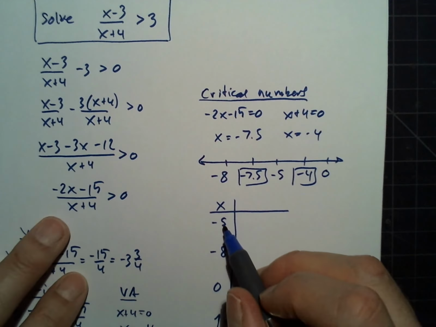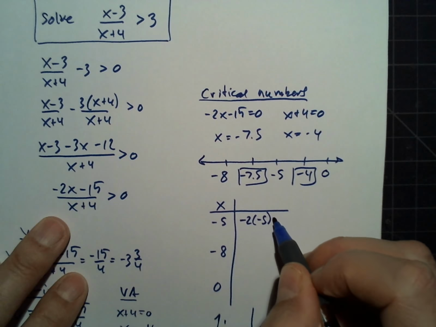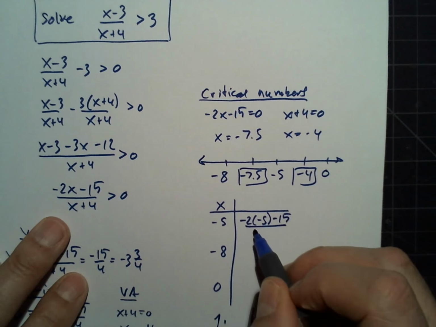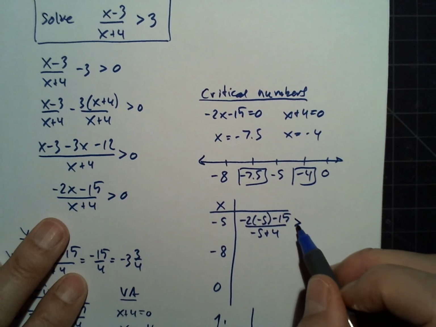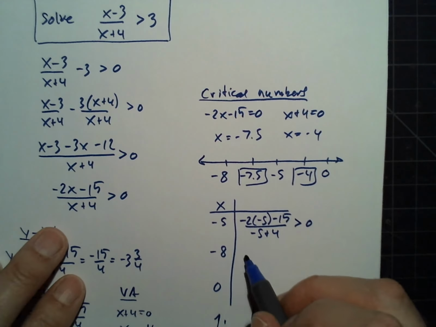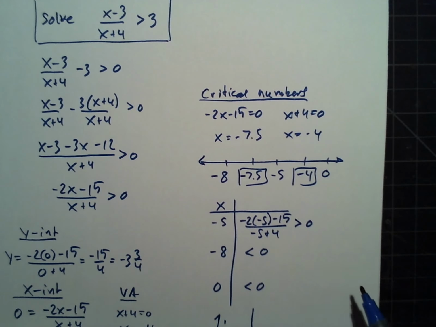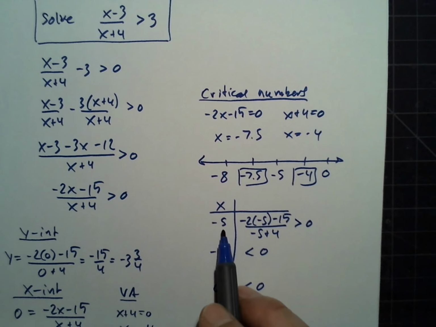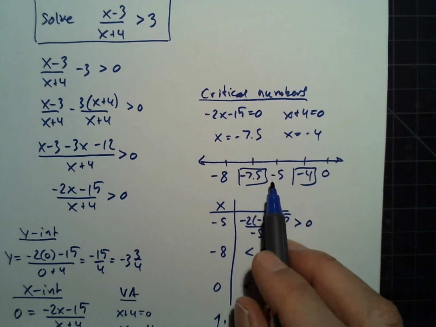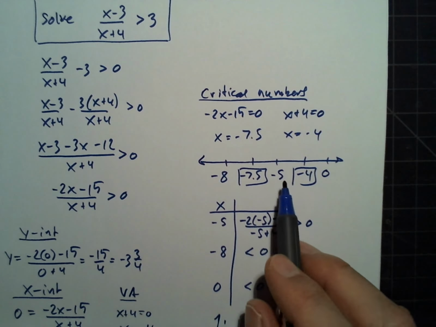If we put this into the original, we have negative 2 times negative 5 minus 15 over negative 5 plus 4, and that's going to be positive. Negative 8 is going to be negative, and 0 is negative. So we're looking for the positive, and we see the positive at negative 5, and that means this is where all the solutions are, between these critical numbers.